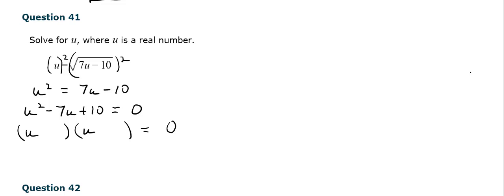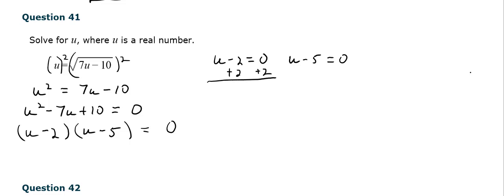The two numbers that multiply to give me a positive 10 and add to a negative 7 would be a negative 2 and a negative 5. We finish by setting each one of these factors to 0 and solve. So we get u equals 2 and u equals 5.